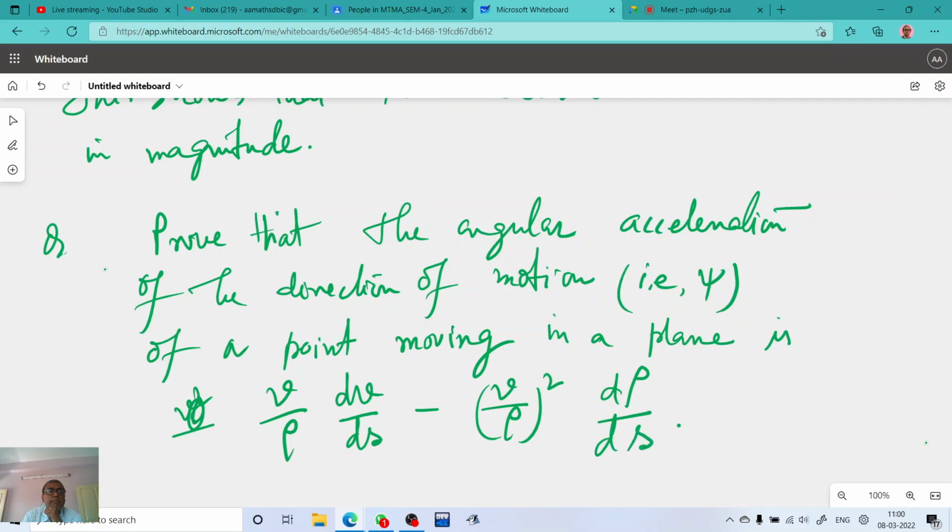Prove that angular acceleration of the direction of motion of a point moving in a plane is this.